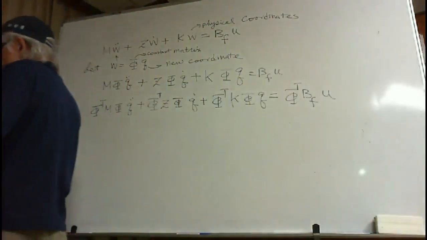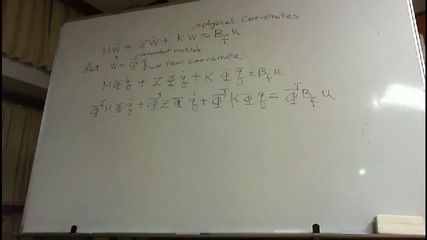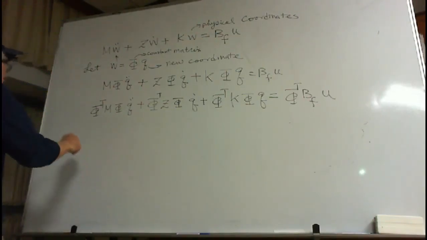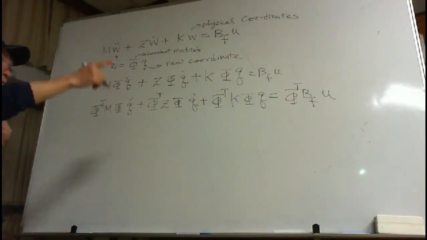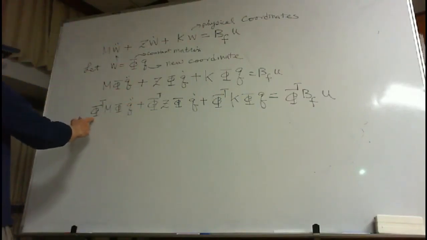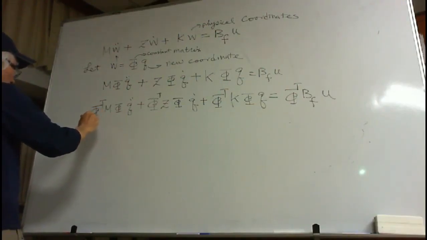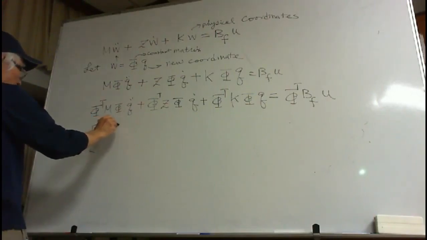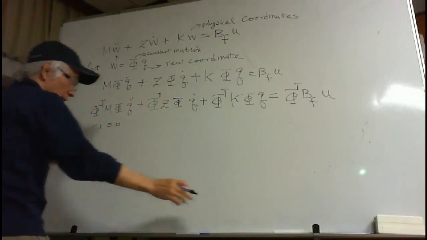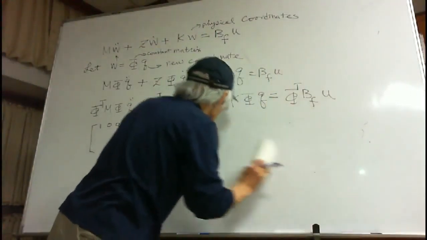All right. Now, because I explained to you that there is such a Φ that makes Φ transpose M Φ equal to a diagonal matrix.